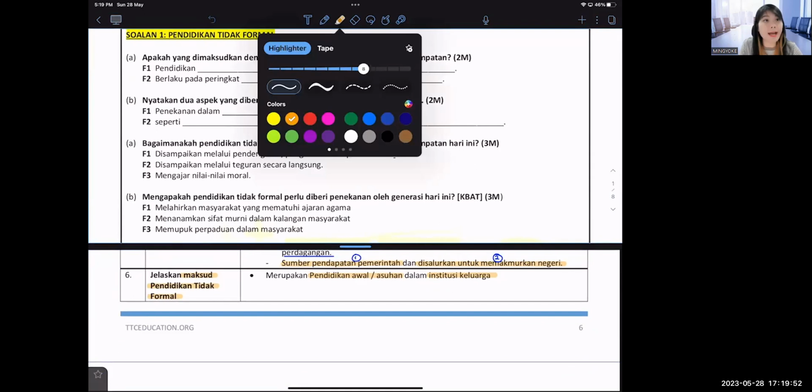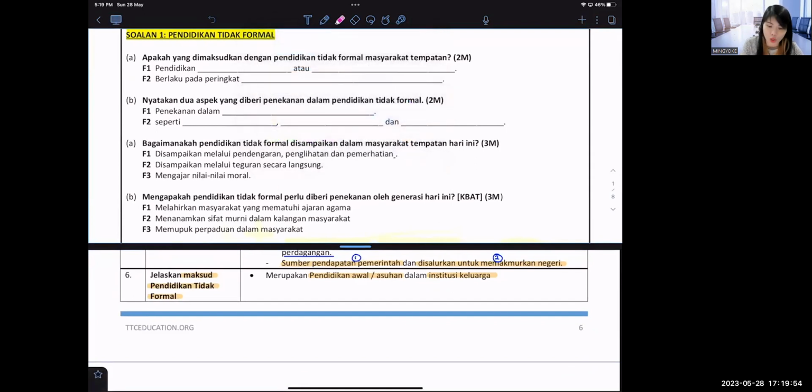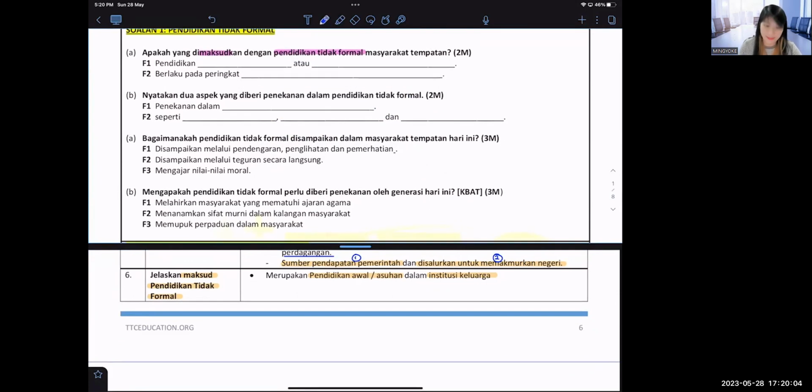Underline, highlight the soalan. Guys, I told you already. Use your highlighter, maksud. Pendidikan tidak formal. So then, you need to fill in the blanks. Pendidikan what? Awal atau asuhan dalam institusi keluarga, like that. These are like the keyword for you to reread, re-practice, all those. Understand?